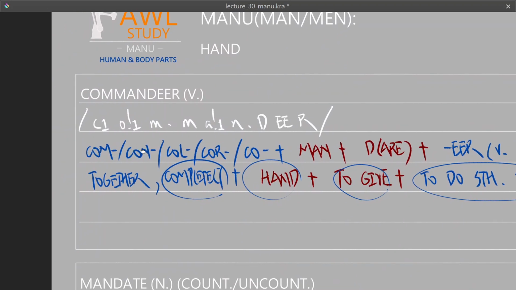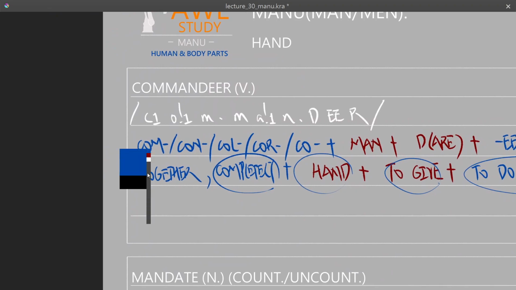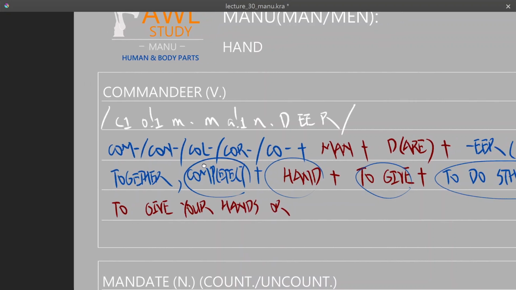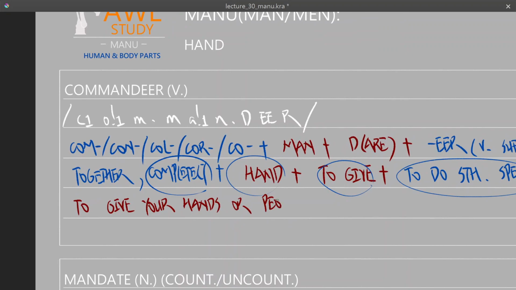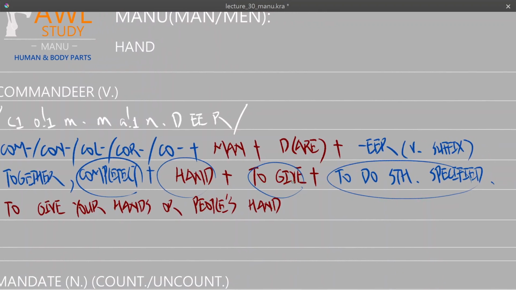So to give your hands, or people's hands, to do what?